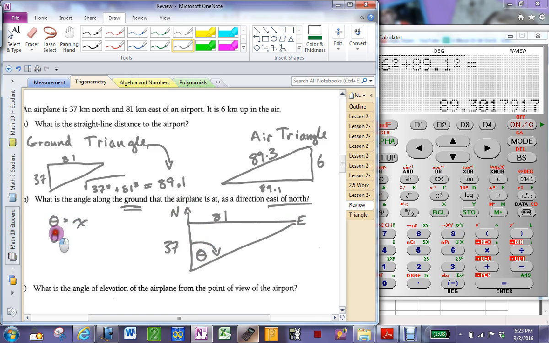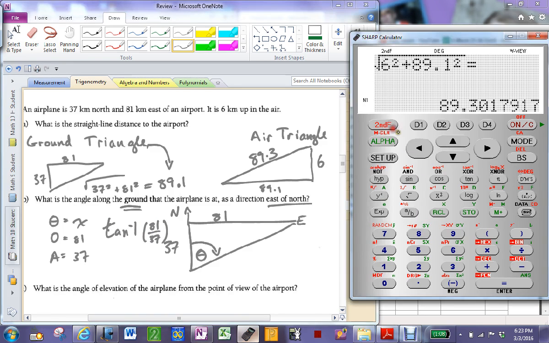And I have an opposite of 81 and an adjacent of 37. What uses O and A? Tan. So I do shift tan of opposite 81 over 37. Shift tan bracket 81 divided by 37. 65 degrees.